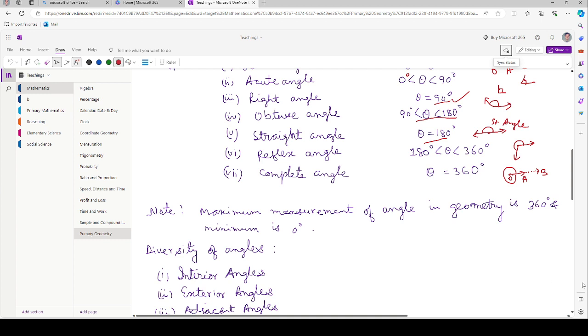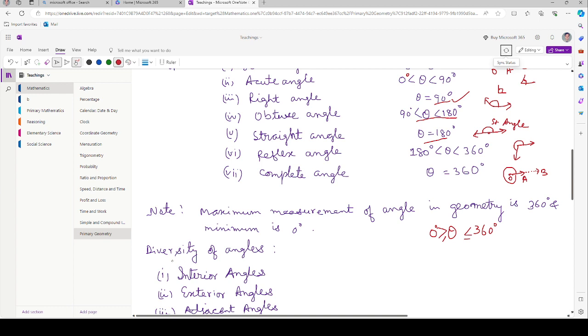So, for a geometric angle theta, the value of theta is less than or equal to 360 degree, more than or equal to 0 degree. Okay.